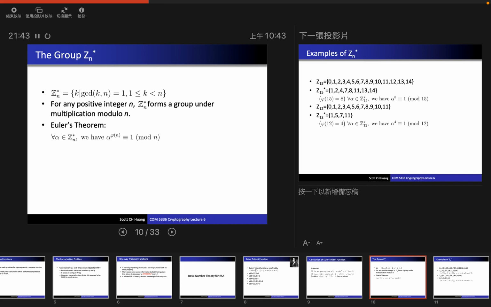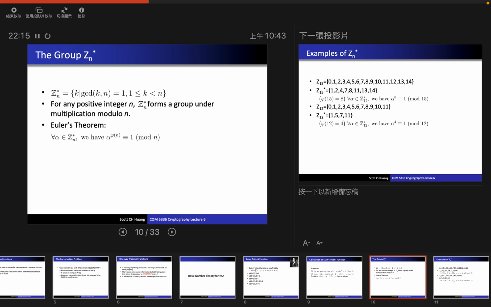This group consists of the natural numbers between 0 and n which are relatively prime with n. For example, Z12 star: the set of elements is 1, 5, 7, 11, which we've just shown.